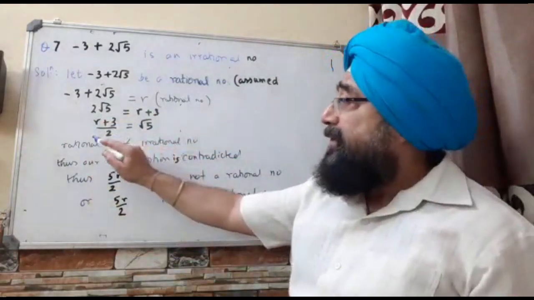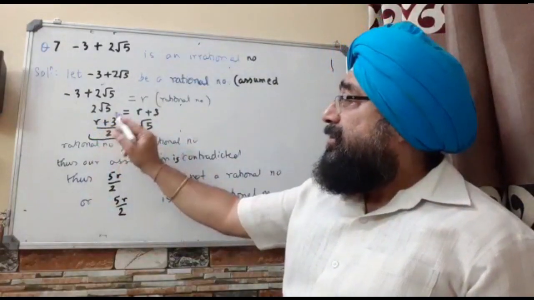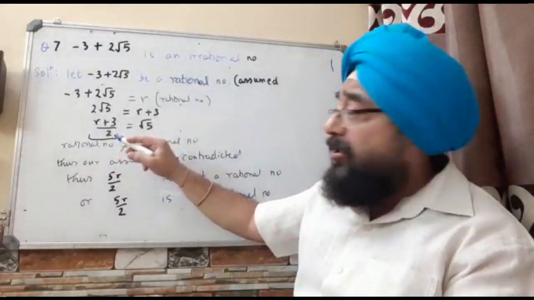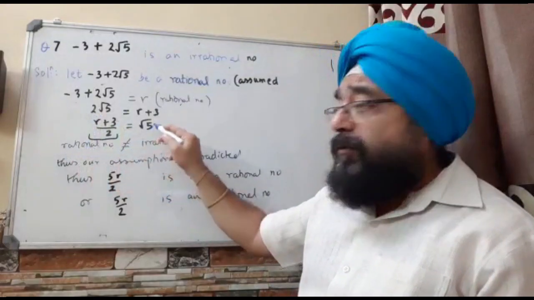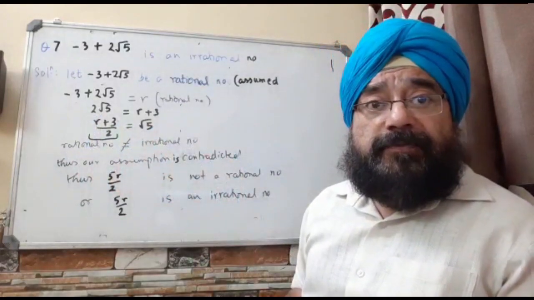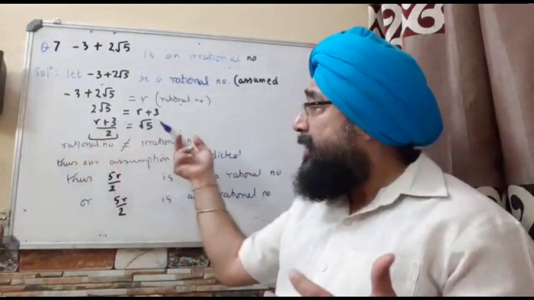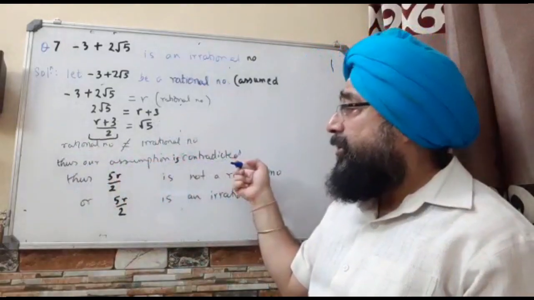And therefore now you can see this R plus 3 upon 2, rational plus rational, the sum of which is a rational number, divided by a rational is a rational number. So therefore this happens to be a rational number, while root 5 is an irrational number. So the mathematical statement goes wrong. That is, a rational number cannot be equal to an irrational number. Thus our assumption is contradicted.